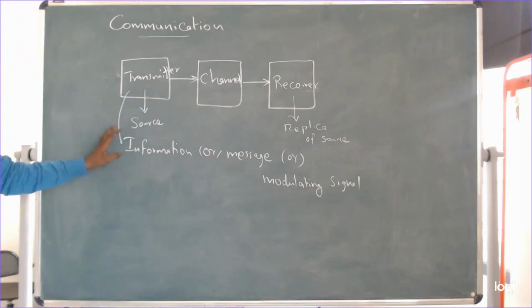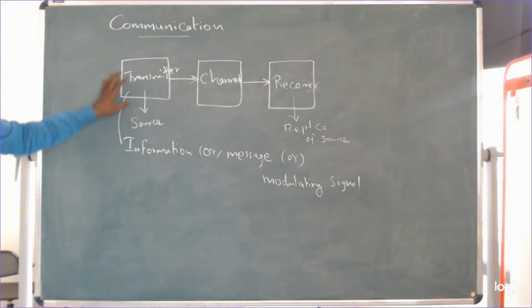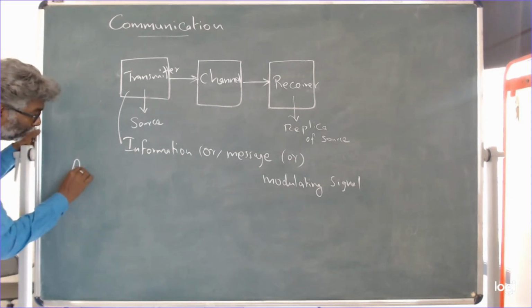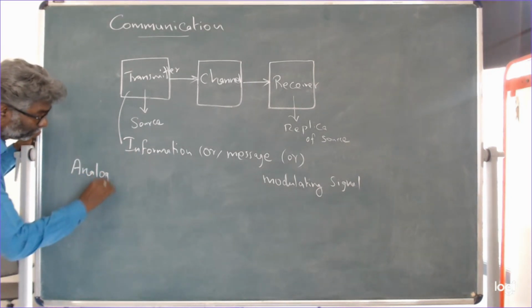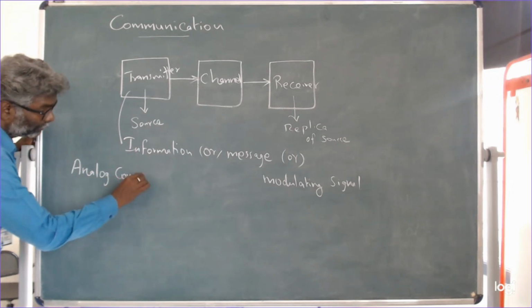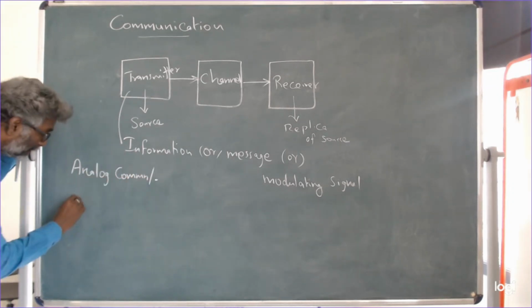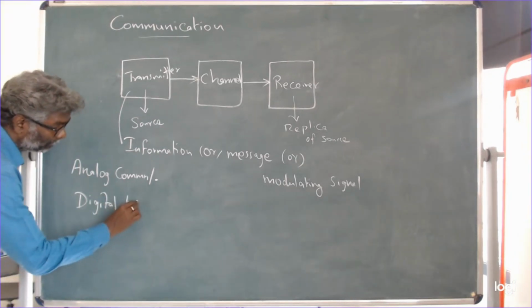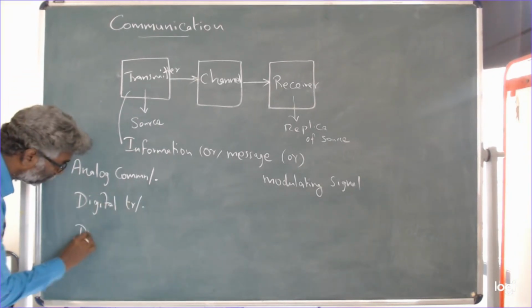So in this aspect, we have different types of communication systems, starting from analog communication, digital transmission, digital communication.